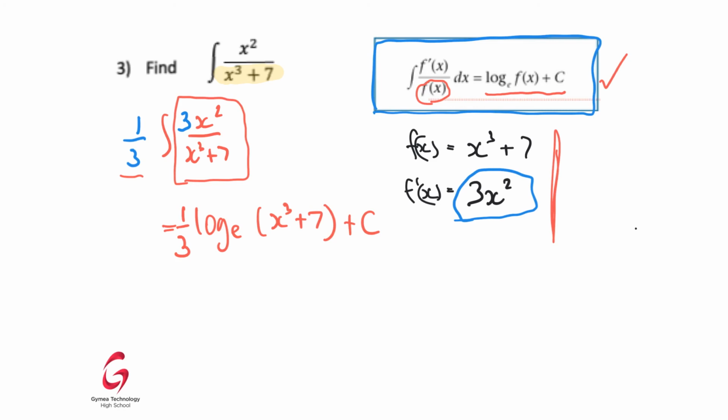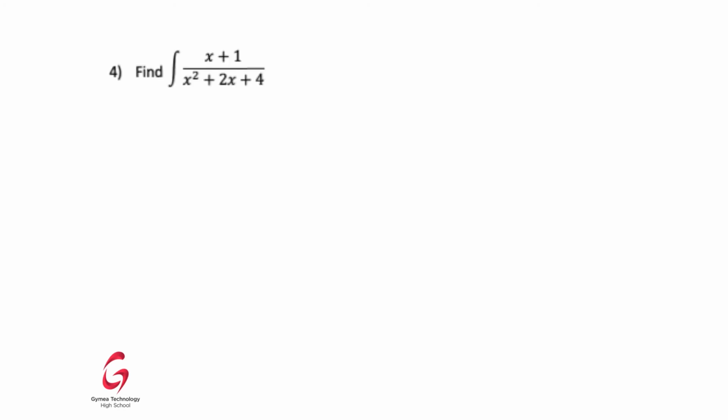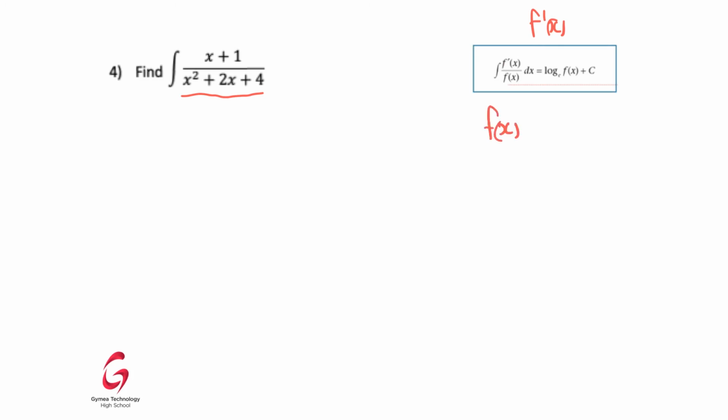Okay, question 4. And again, on the bottom of this fraction here, we've got something pretty messy. It's definitely not going to be using that first little idea. It's going to be the second one, where I've got to consider that function and its derivative. So I'd like to come over here and say, here's my f of x.